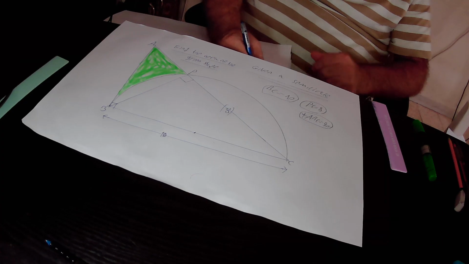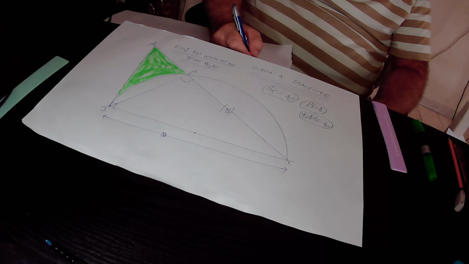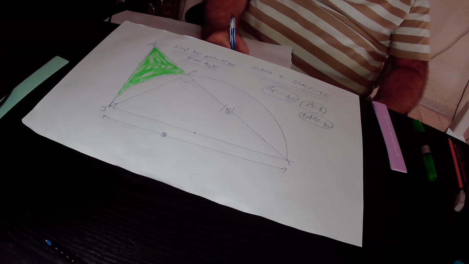And BC square must be equal to BP square plus PC square.